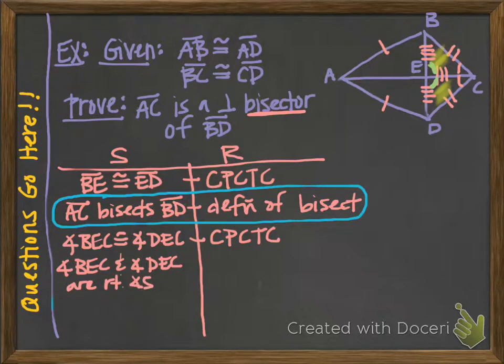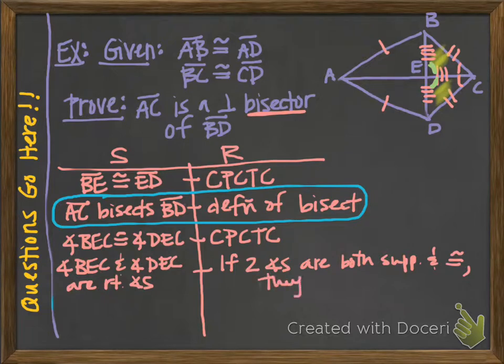And this is where we get to write our new theorem. Yay! If two angles are both supplementary and congruent, they are right angles.